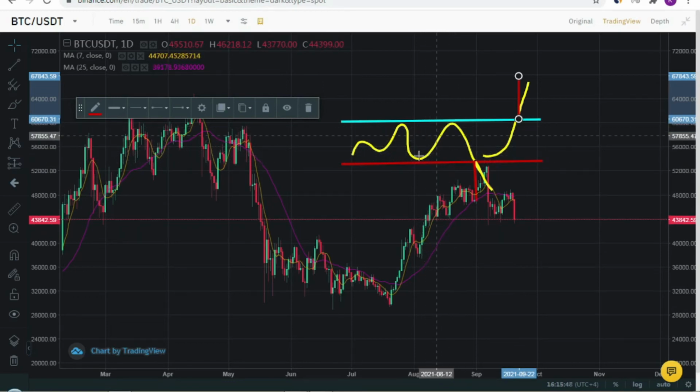That will show by the price bouncing off this place here. The price bounces here because not enough people are willing to buy that Bitcoin to break above this resistance line.